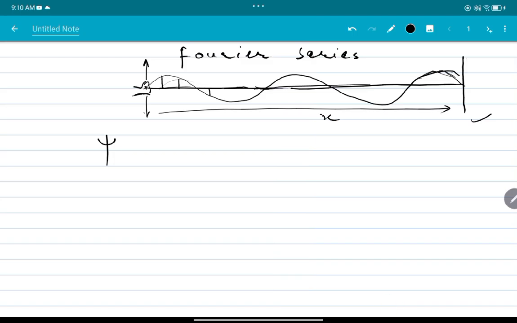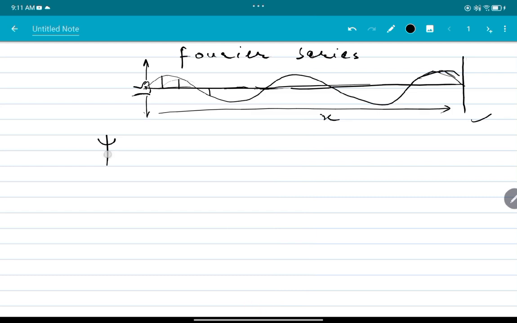X tells us about the point on the string. If x is 0, the point of the string is here in this person's hand. If x is equal to, say, 1, it is here, x equal to 2, it is here, and so on.